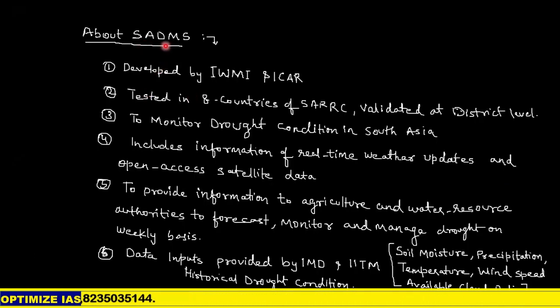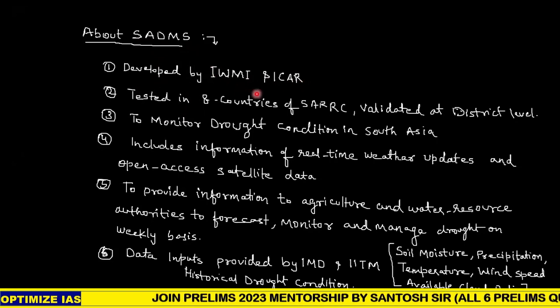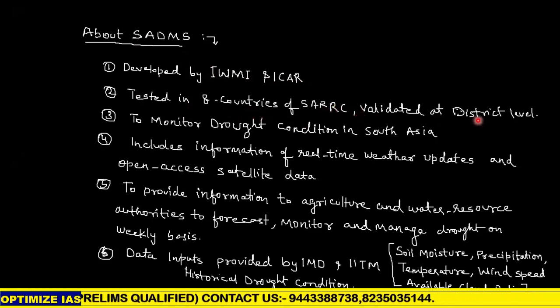So what is the South Asian Drought Monitoring System? Some basics on this. This system was developed by the International Water Management Institute and the Indian Council of Agricultural Research, tested in all 8 countries of SAARC, and validated at which level? District level.